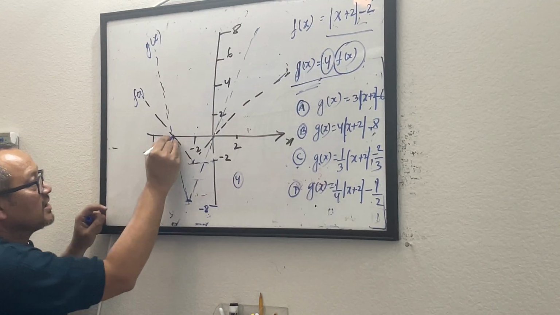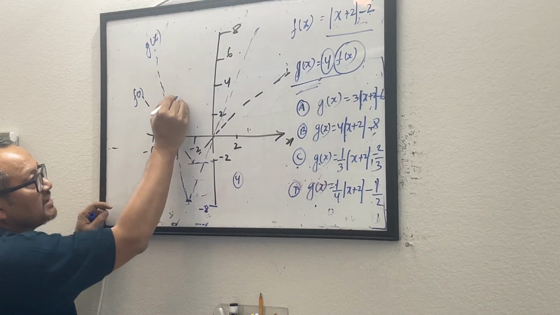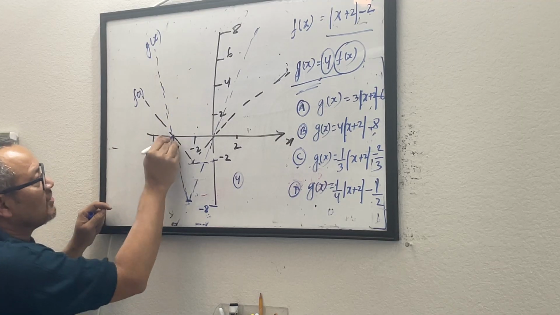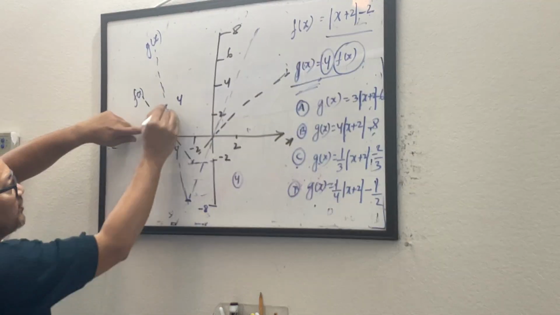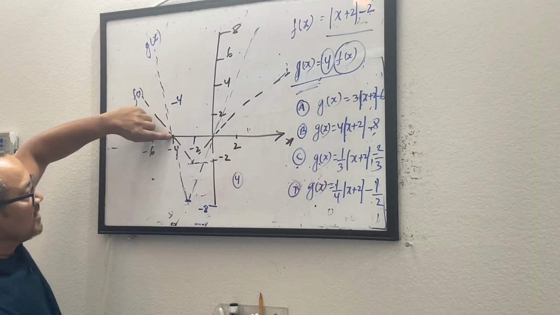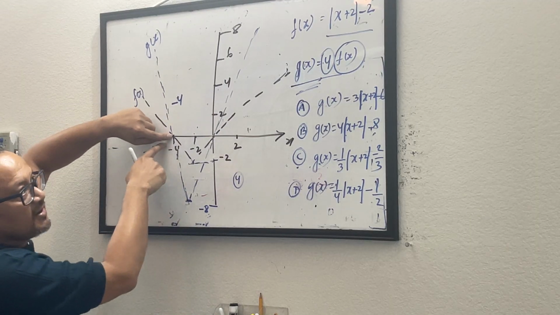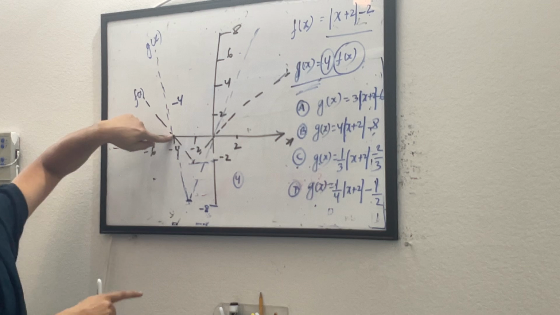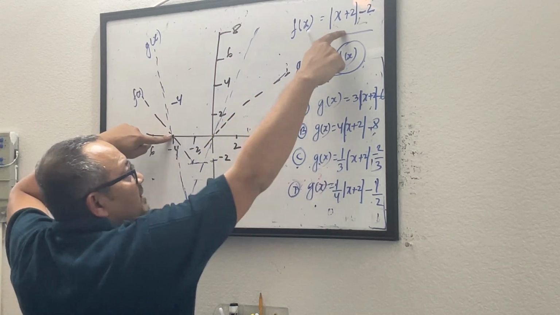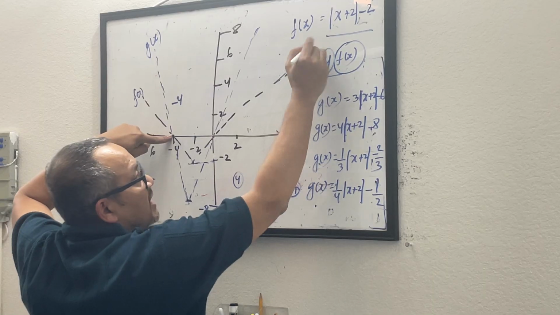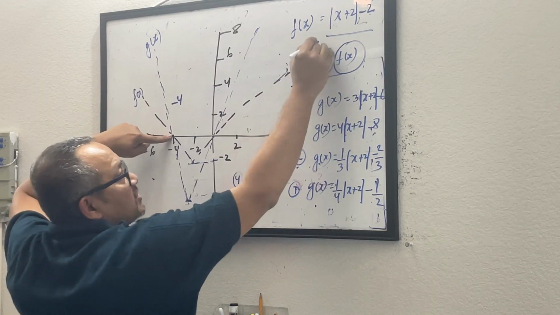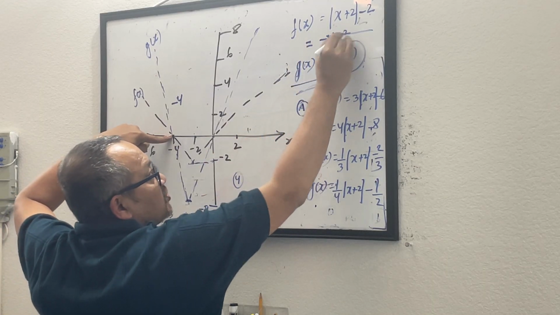So whatever it was here, let's say for this point, when x was minus 4, both the things are same. Yeah? So if you look at this f of x, when x equal to minus 4, so it is minus 4 plus 2.